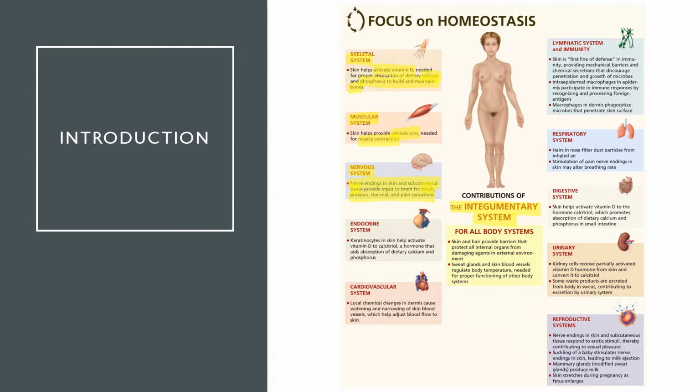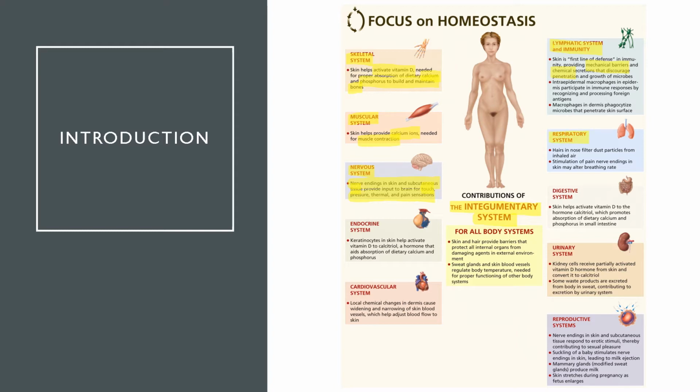The integumentary system is also our first line of defense when it comes to immunity. So it provides that mechanical and also chemical barrier for anything coming in or wanting to cause harm to our body. Our skin is that first line of defense. The associated structures in the integumentary system are also big contributors of homeostasis in other systems.